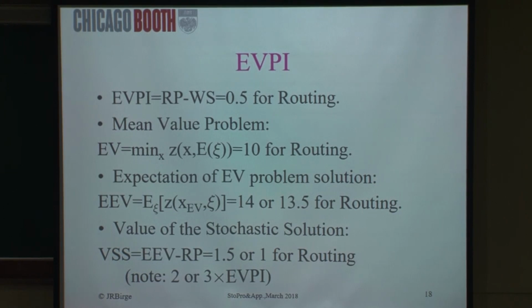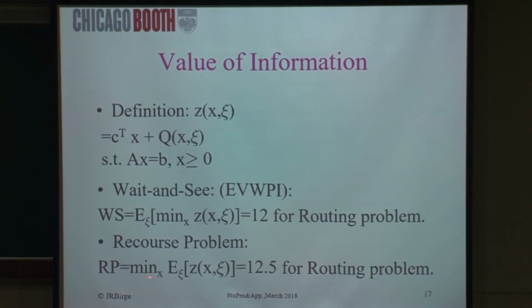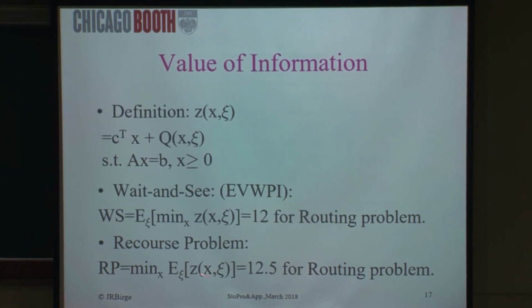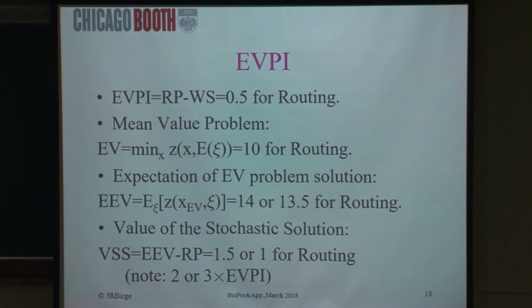That's the RP. That was on the previous slide. The RP is 12 and a half. Yeah, the recourse problem is I minimize x of the expectation. And solving the mean value problem, you already have the lowest minimum value.